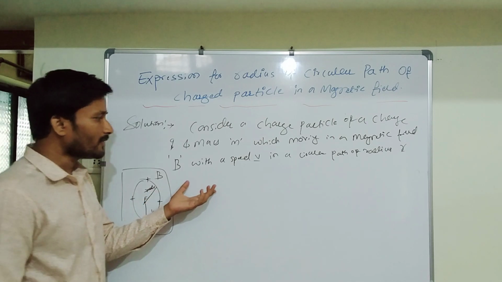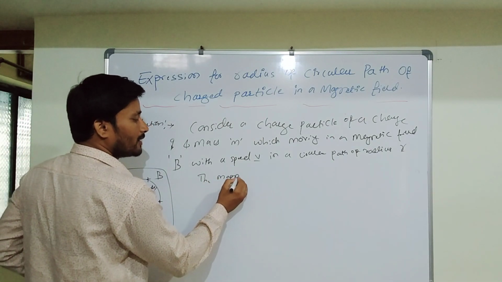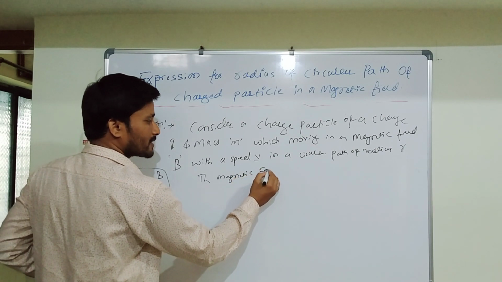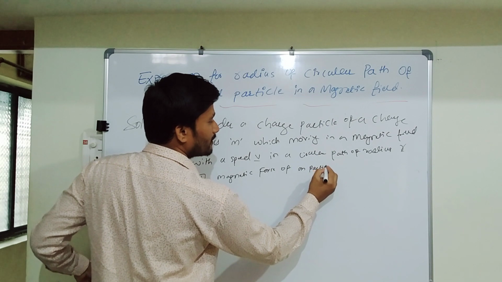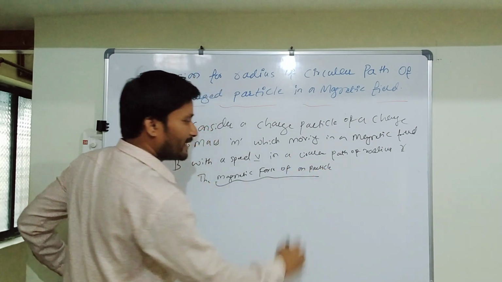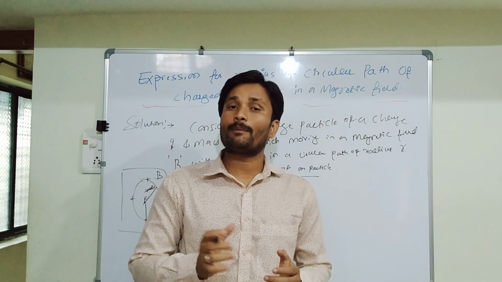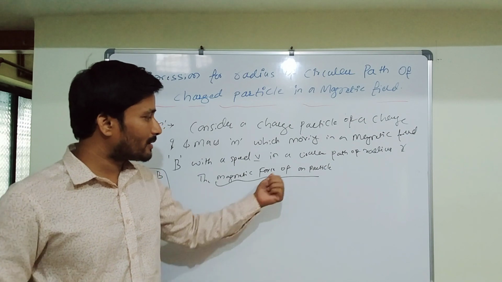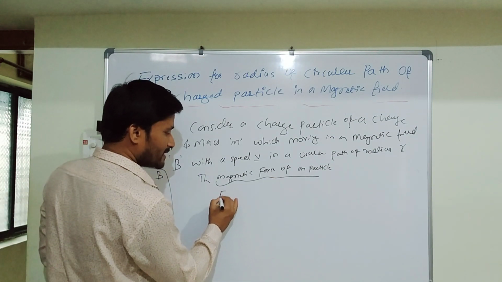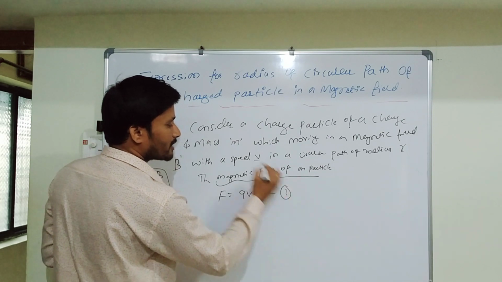Now we know the magnetic force. Magnetic force is nothing but the force of attraction or repulsion between the magnetic charges, that is called magnetic force. We have the equation for the magnetic force, that is F is equal to Q into V into B, that is equation number 1.